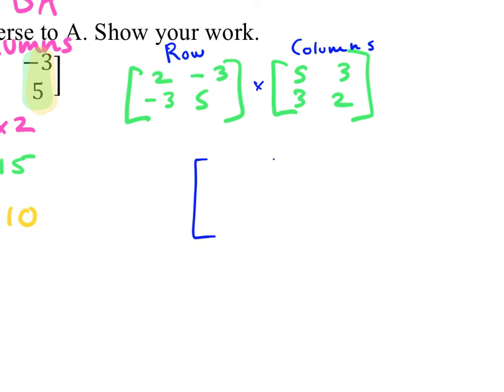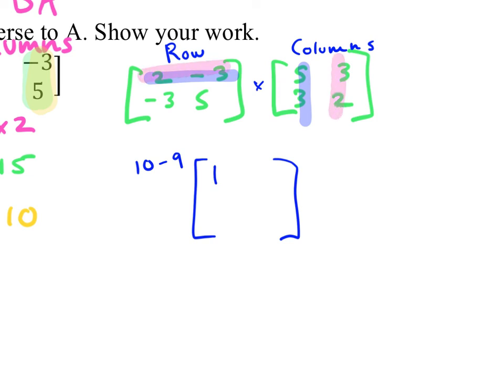So where do we go first? First row, first column. So 2 times 5 is 10. Negative 3 times 3, negative 9. 10 minus 9, 1. Where do we go next?